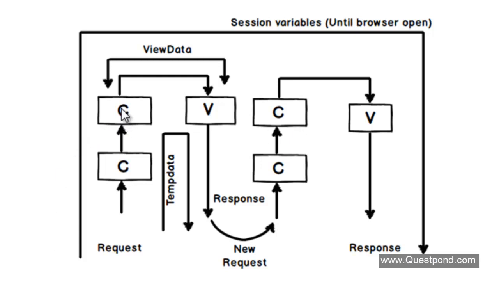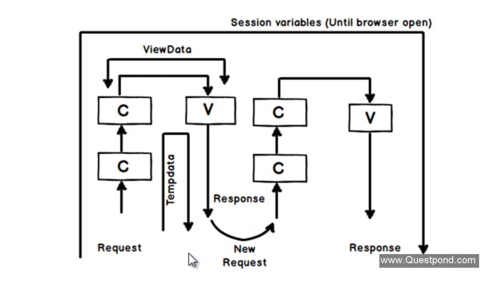So if you want to just maintain data from controller to the view or from action to the view, you will use view data. If you want to maintain data for a complete request, now that complete request can go from controller to a controller, or I'll say rather from action to action, and then from action to a view, then you will use temp data. But as soon as you initiate a new request, right, even though you have kept your browser open, the temp data dies off, and also the view data or the view bag dies off, right?